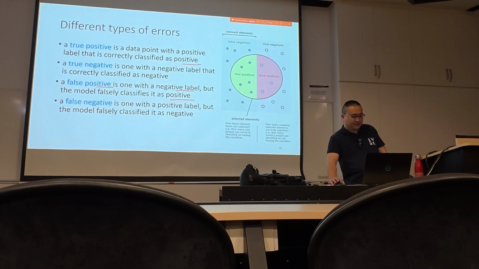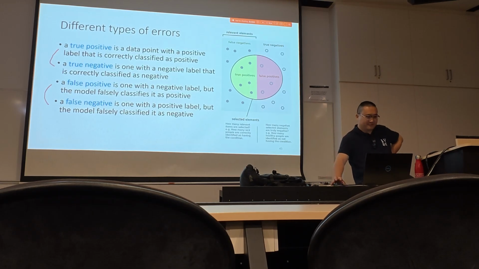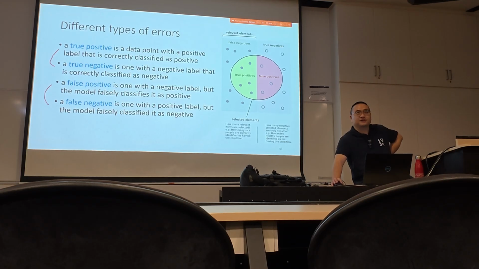The same goes for the false negative and the true negative. These are the different types of predictions that the model can make, including the correct predictions and also the errors. If you have studied statistical subjects, you should be familiar with these topics. They are widely used for statistical predictions.